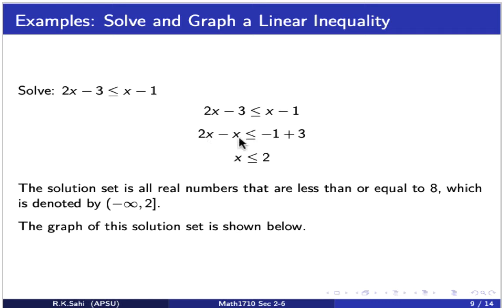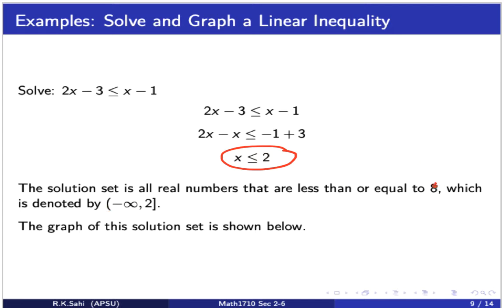So we get 2x minus x less than or equal to minus 1 plus 3. So you get x less than or equal to 2. This simply is the set of all real numbers less than or equal to 2. We didn't show it in the notation form.